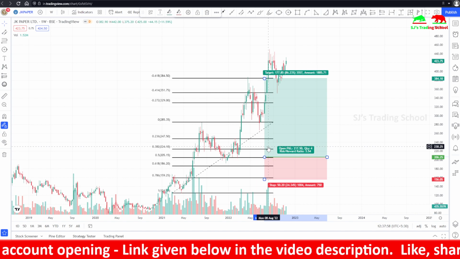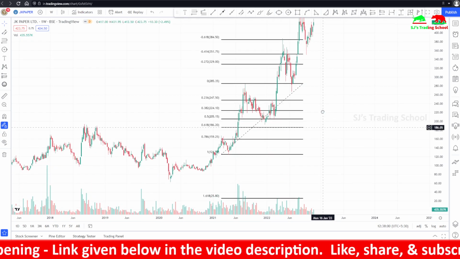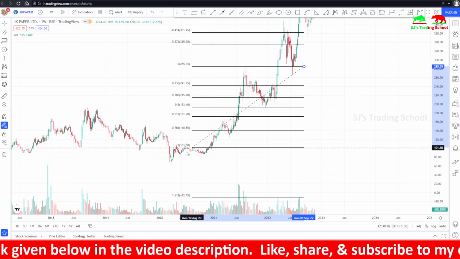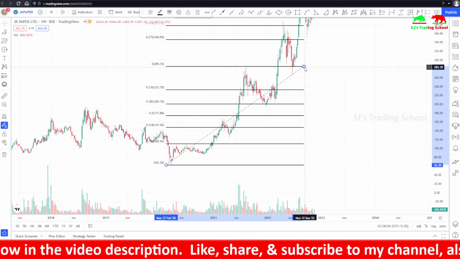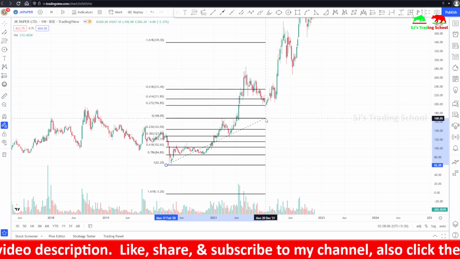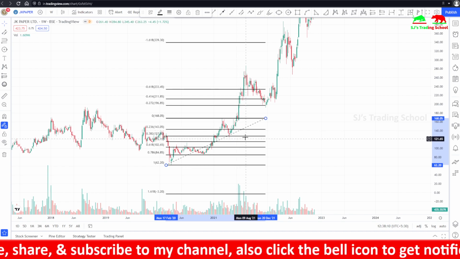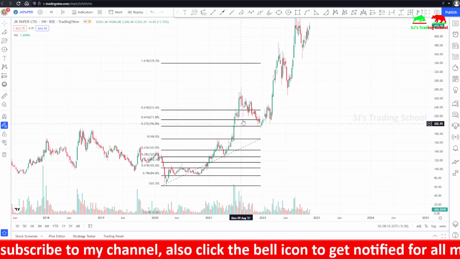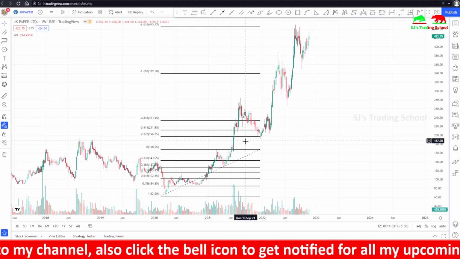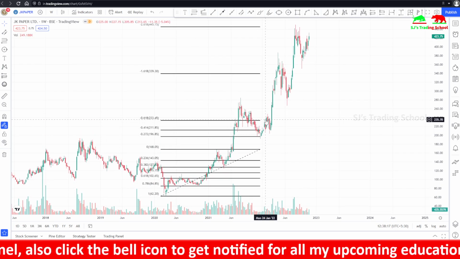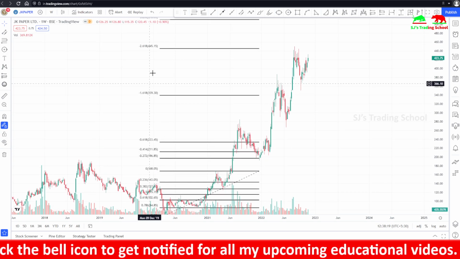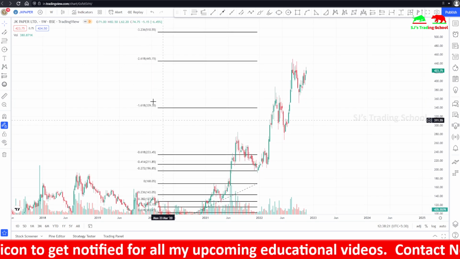If persons are using it for long term purposes, you can use any swing low. Suppose you are using this swing low and this swing high, the price gets retraced at 38.2%. If you are holding it for long term, other than this target 1, 2, 3 and 4, you can use these targets 1.618, 2.618 minus.